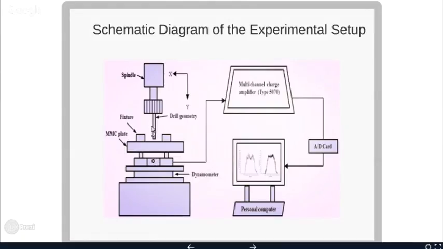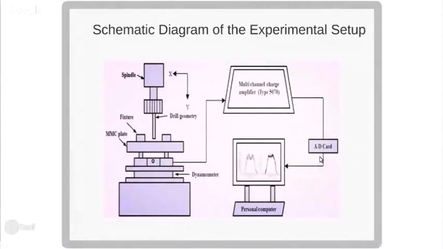And this is the drill point geometry. This is the spindle, and the signal from this piezoelectric drilling dynamometer goes to the charge amplifier, from where, with the help of an analog to digital converter, it is converted into the signals, that is, in terms of thrust force and torque with respect to time.